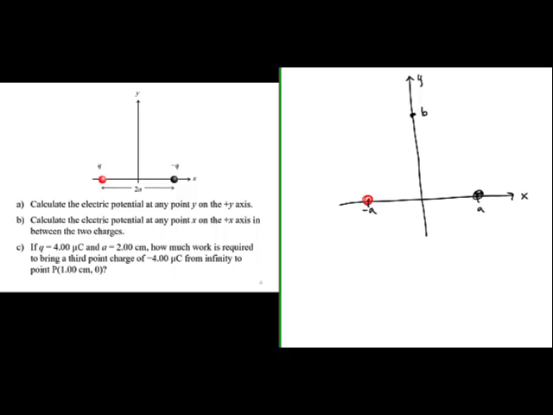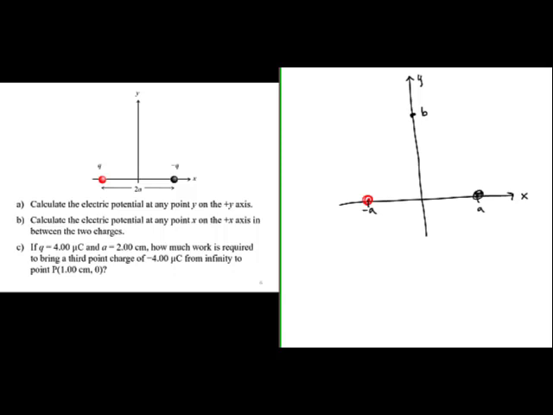Remember, surrounding every charge in space is an electric field. This electric field is a conservative vector field, and therefore, in the presence of another charge, gives that other charge the ability to store energy in the form of electric potential energy.